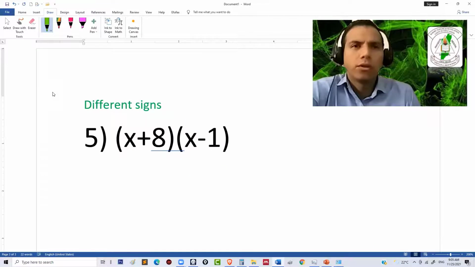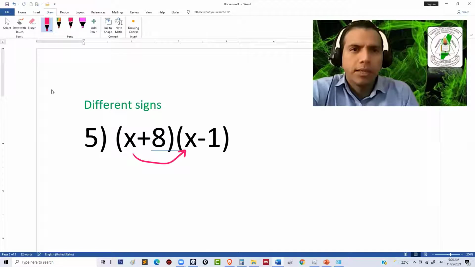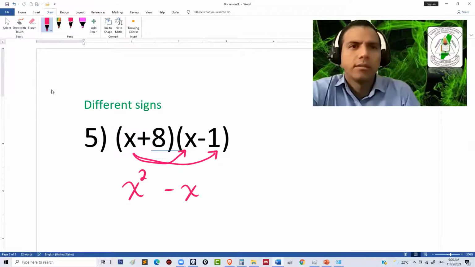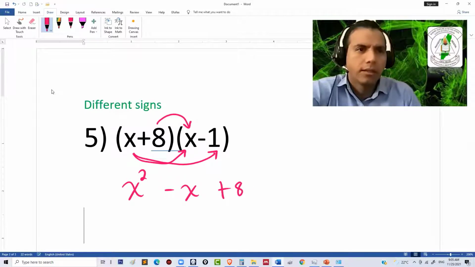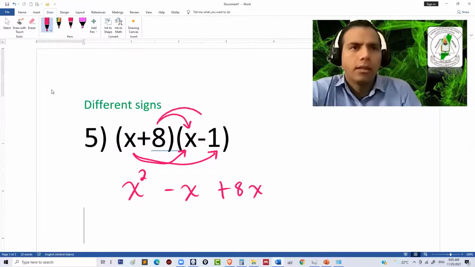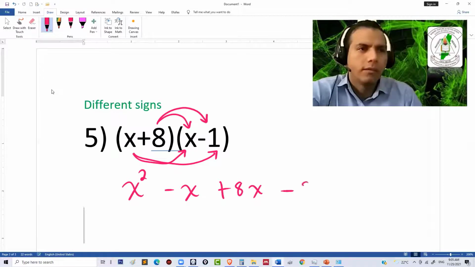Now we want to focus on unlike signs, or different signs. In our fifth example, we have (x + 8)(x - 1). First of all, x times x is x squared. x times negative 1 is negative x. 8 times x is positive 8x. And 8 times negative 1 is negative 8.